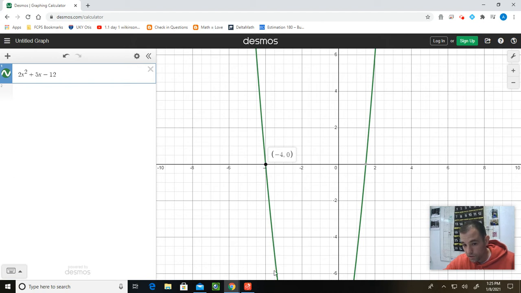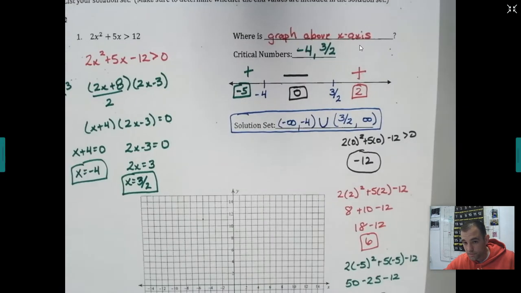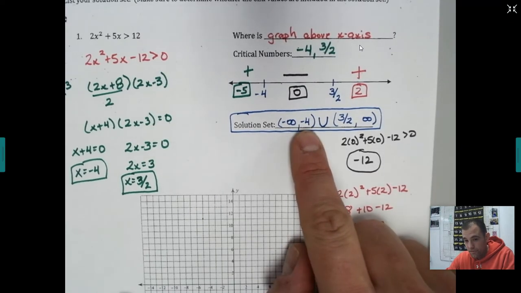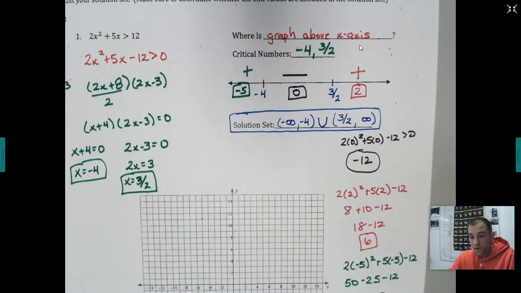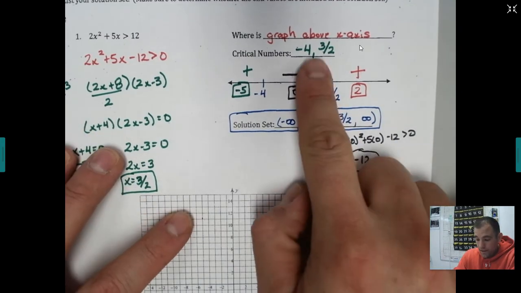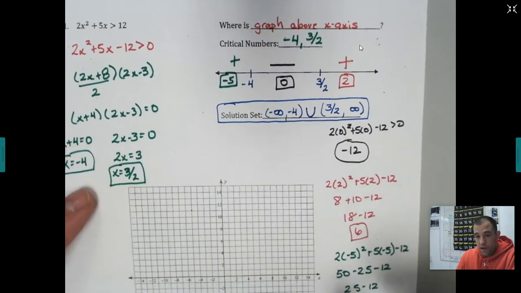Then it goes below, below, below, until I get to 1.5. Once I get to 1.5, it then is above the x-axis again. So that's how I know that my answer is correct, because from -infinity to -4 and from 3/2 to infinity, it was above the x-axis. Okay, and again, above the x-axis means positive.